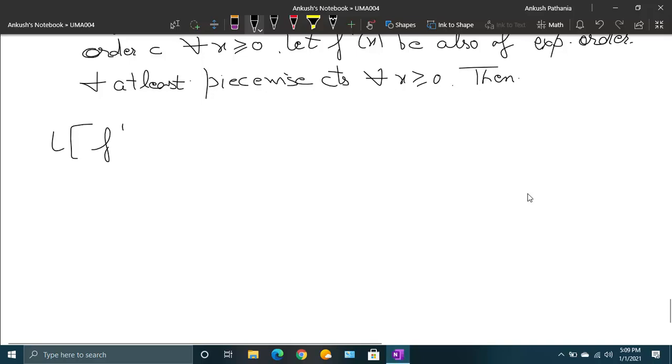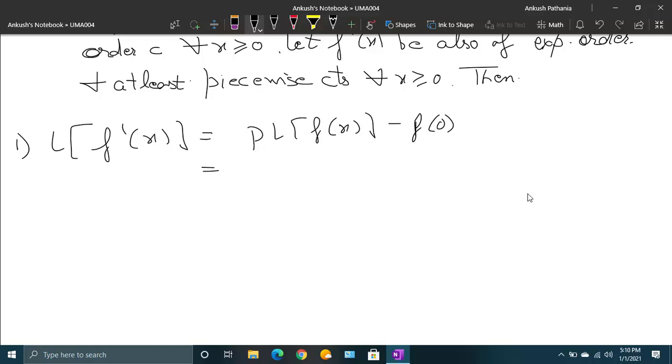Then the Laplace of f dash x. Till now we have done the Laplace of some functions, Laplace of e to the x dot f(x), x dot f(x), and f(x) upon x. So here are the derivatives. This is equal to p times Laplace of f(x) minus the value of the function at 0, or p F(p) minus f(0), since Laplace of f(x) is F(p).